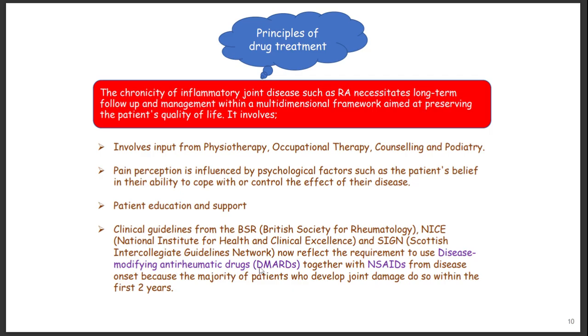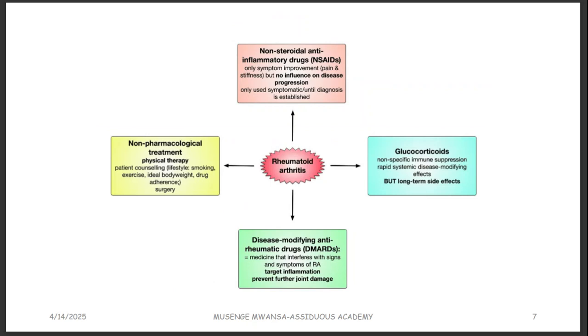We call them the DMARDs. So we're going to be using these disease modifying anti-rheumatic drugs, the DMARDs, together with NSAIDs from disease onset, because the majority of patients who develop joint damage do so within the first 2 years. So just when the disease starts, you want to use the NSAIDs with the DMARDs.